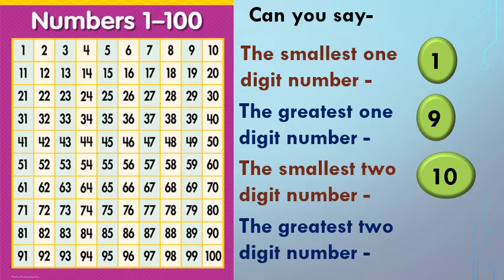Then which is the greatest 2 digit number? See properly the table. Yes, correct. 99 is the greatest 2 digit number because after that comes 100 and 100 has 3 digits. Right? So our greatest 2 digit number is 99.